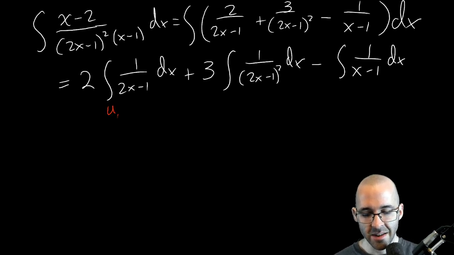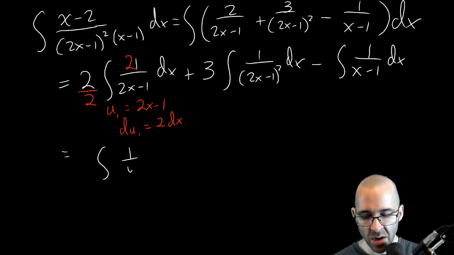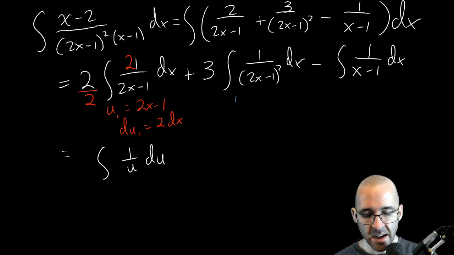This first one, u is 2x minus 1. So du is 2 dx. So we need a 2 here. We have to compensate. And we're going to get 1 times the integral of 1 over u du. The second one, u is, again, 2x minus 1. I guess we can use u1 again.